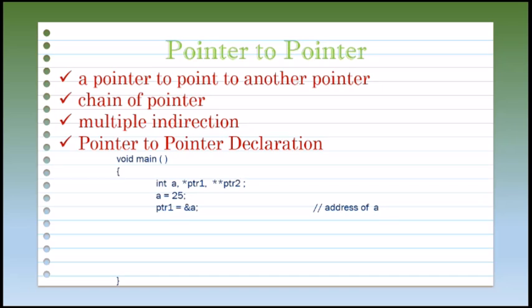So &a means the address of a will be stored in ptr1. In the next line, we are trying to initialize ptr2 with another pointer variable's address. So &ptr1 means the address of ptr1 will be stored in ptr2.